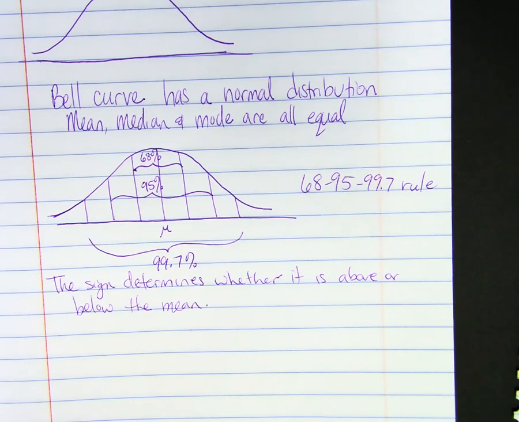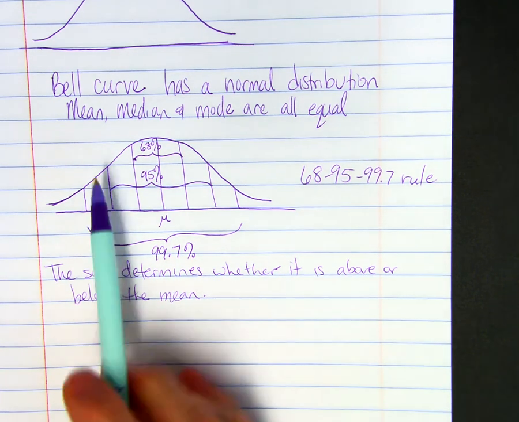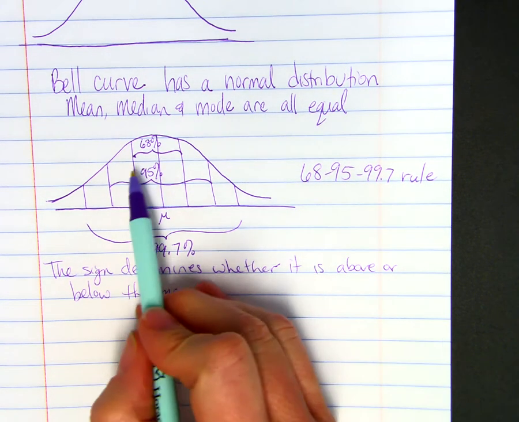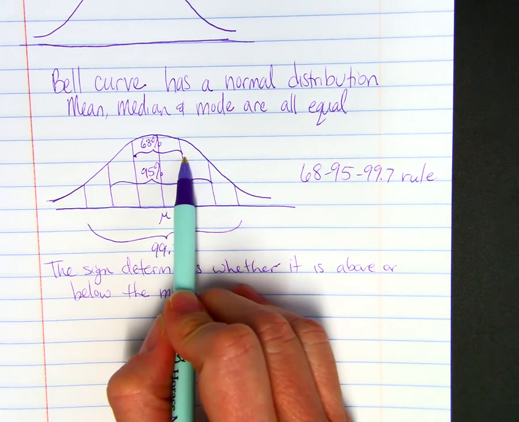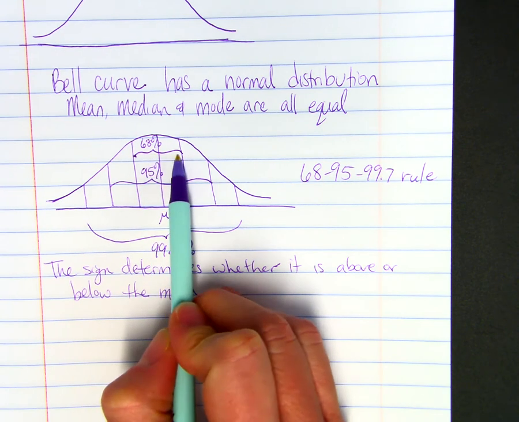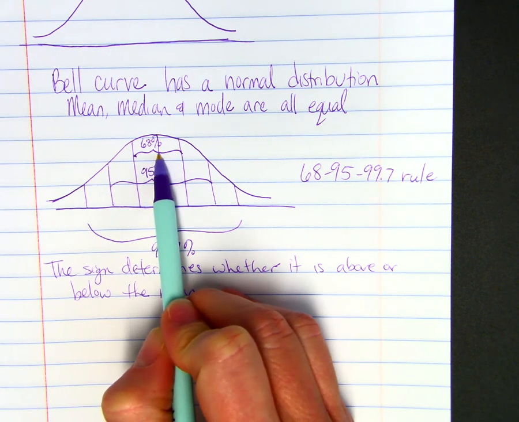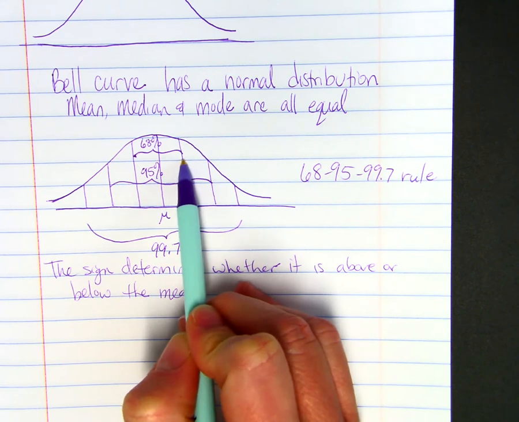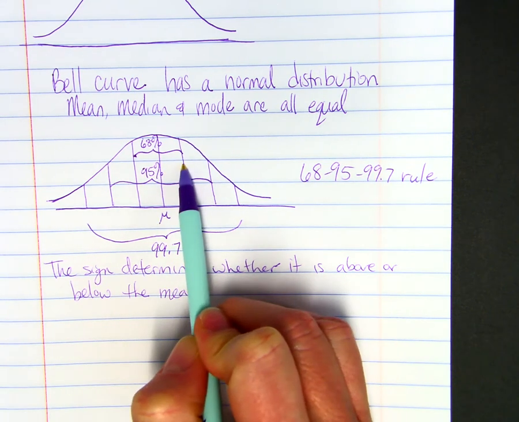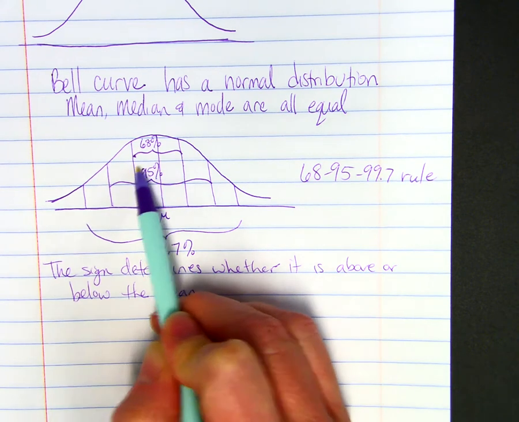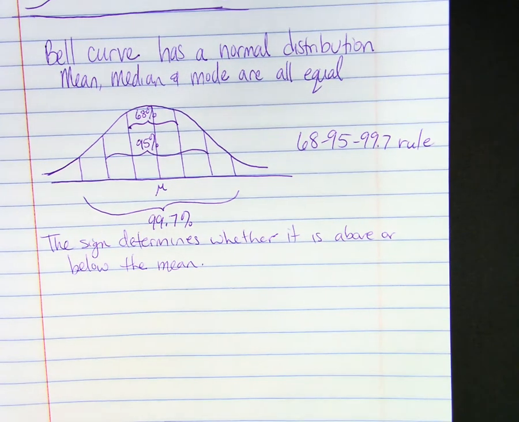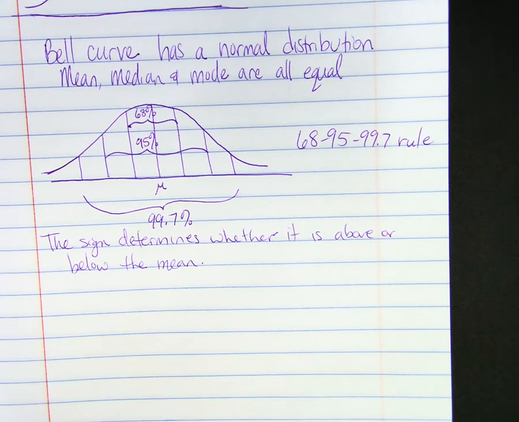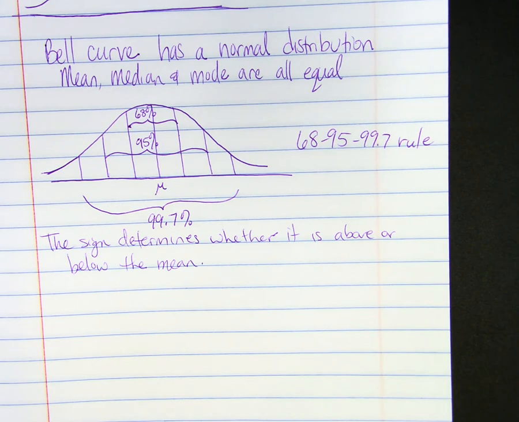I just want to give you a bunch of examples of how we use this information. Since 68% is one standard deviation below to one standard deviation above, you can divide that in half and get 34% between the mean and one standard deviation above, and 34% between the mean and one standard deviation below. There are lots of different ways you can use this information. It's not hard, it's just different than what we're used to.